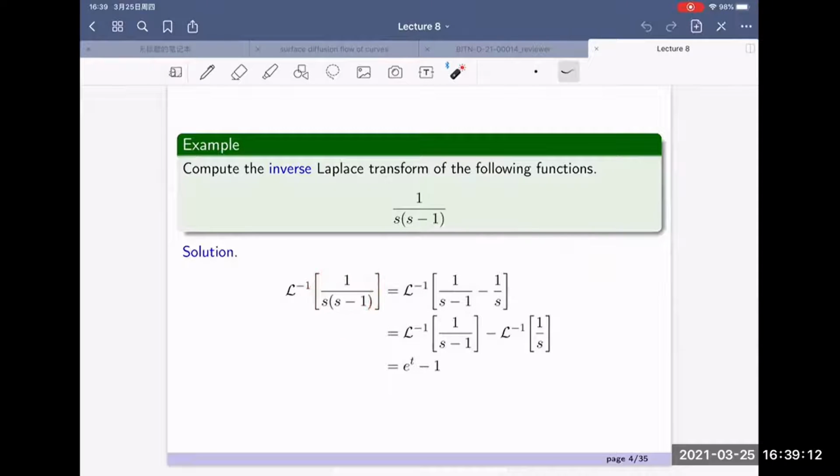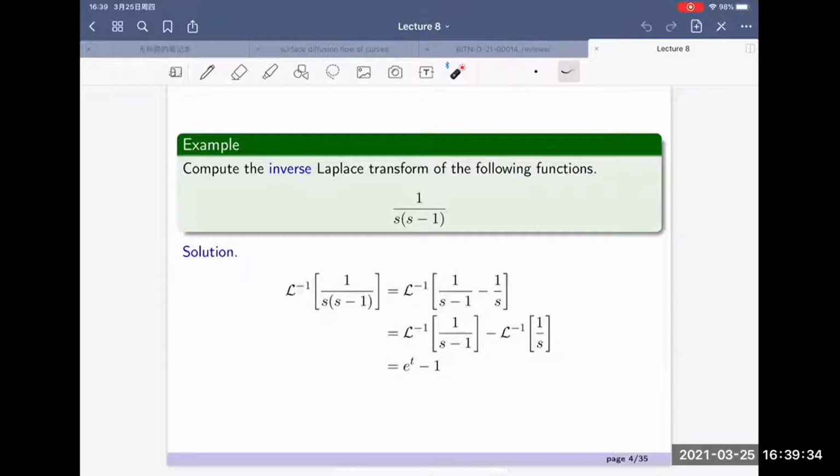Exactly the left-hand side. So this verifies that this complicated function is equal to the sum of the two simpler functions. And for each simpler function, you can apply the inverse Laplace transform. Then you sum up the two parts. This is the linear property.